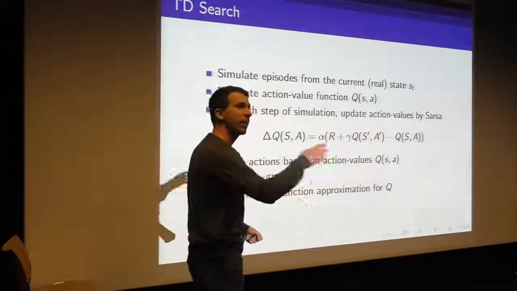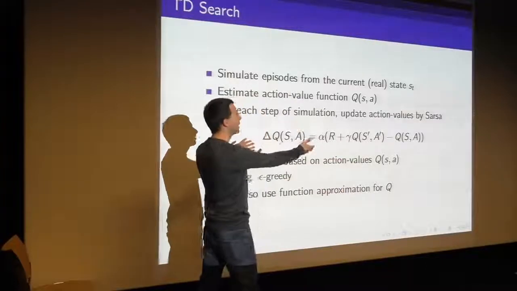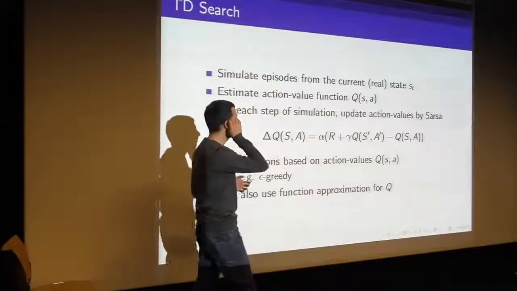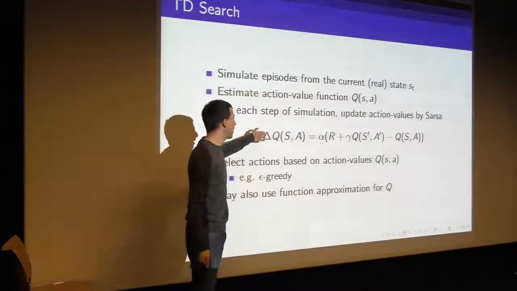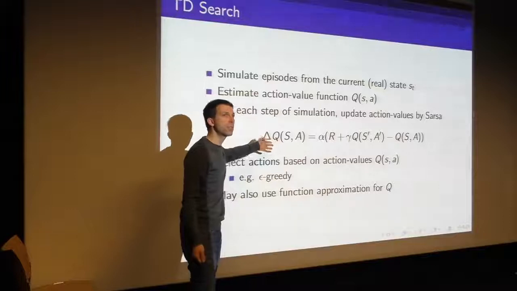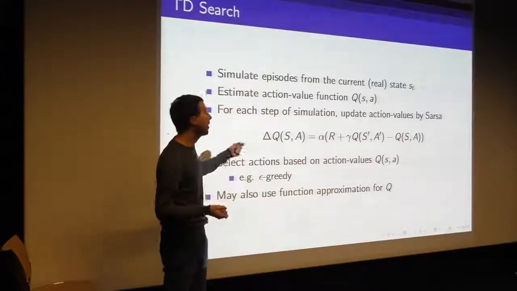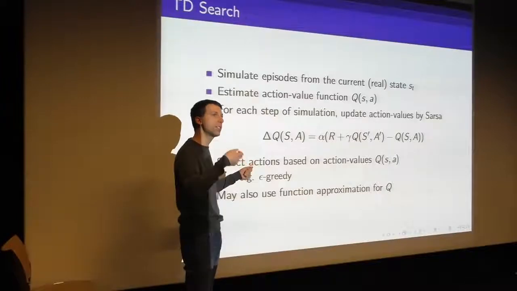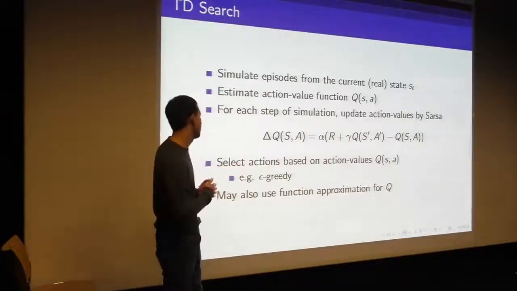You don't have to just run out new trajectories. So we update our action values by SARSA, for example, and we select actions by acting greedily with respect to our Q values, just as before. So the only thing we've changed from Monte Carlo search is the way in which we update our action values. We use temporal difference learning instead of Monte Carlo learning. And that can really help things.